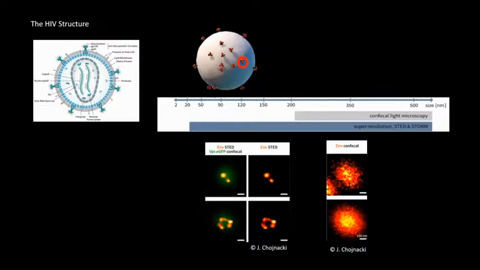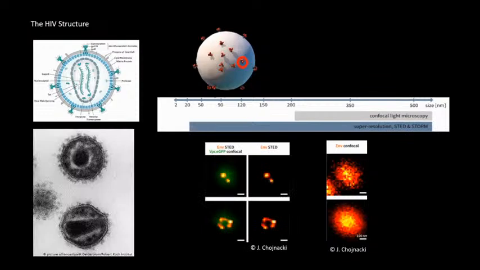Nevertheless, although you clearly gain in resolution, you're still very far from what you can see using electron microscopy, where you can clearly see at the same time these individual envelopes, the lipid membrane envelope, and also the core of the virus, which contains the genetic material.